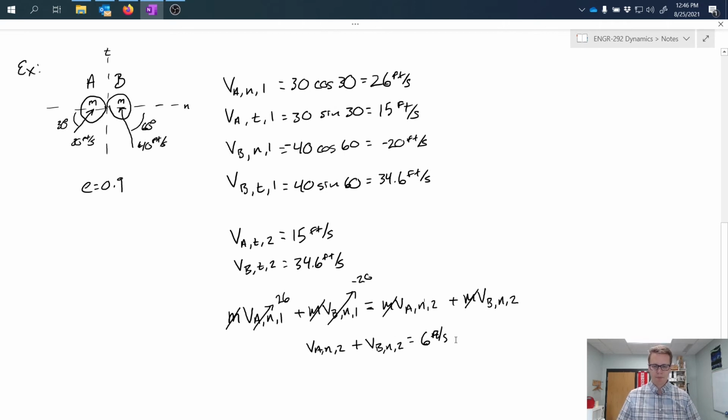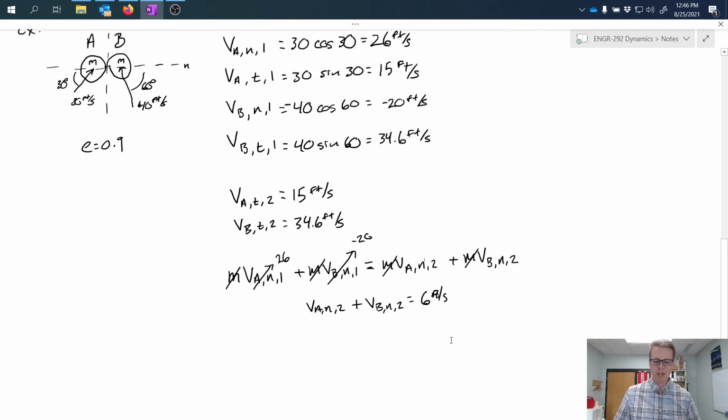All right. The last bit that we need to make use of is this coefficient of restitution. So I'm going to take my equation that I had developed in the prior video and write in my remaining terms.